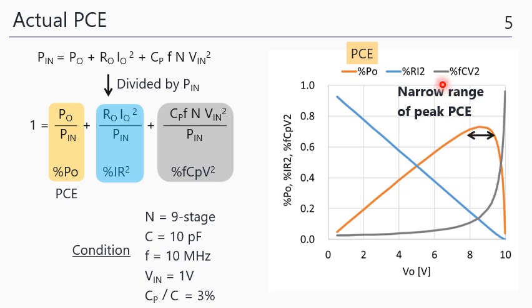And therefore that ratio here increases very suddenly, and therefore the power conversion efficiency collapses to 0. As a result, the PCE has a concave up curve like this, and you are aware the high PCE range is very narrow.